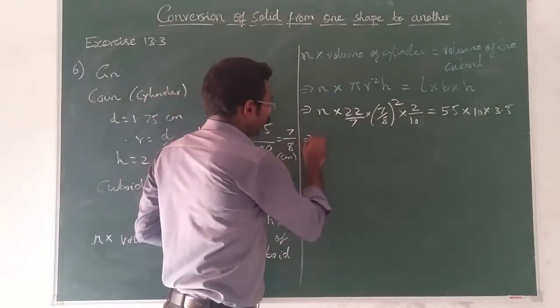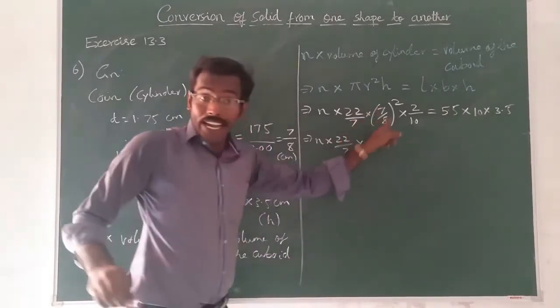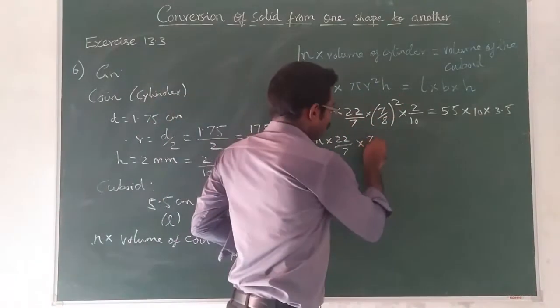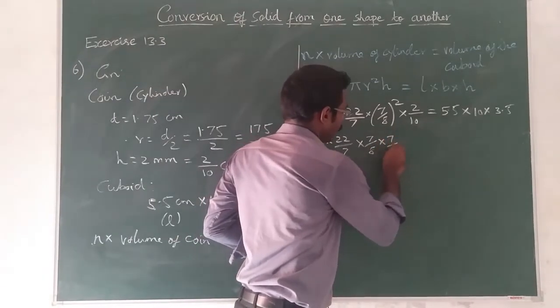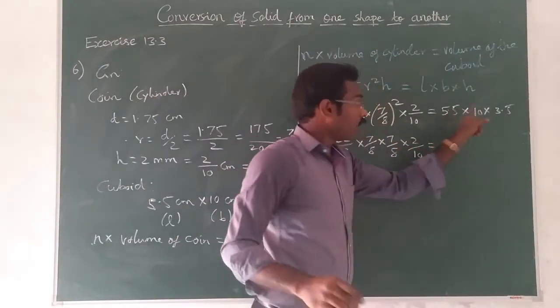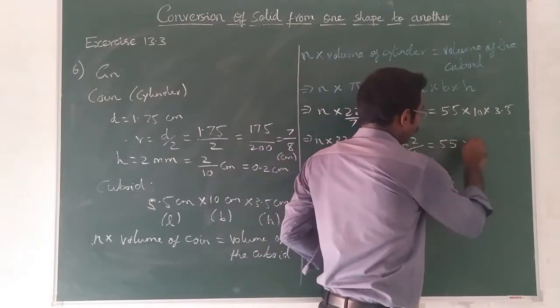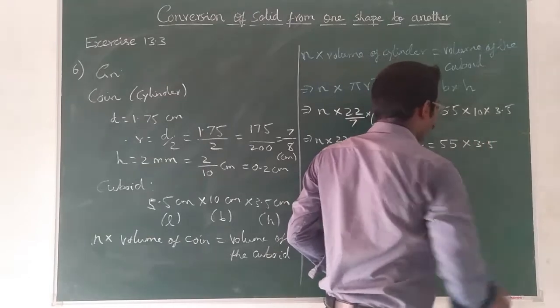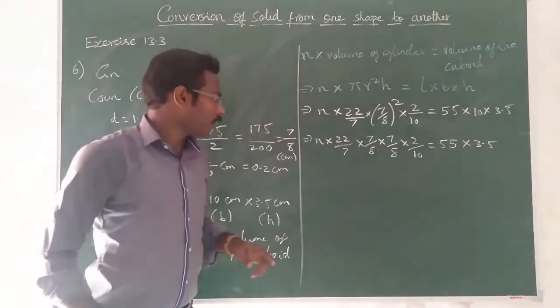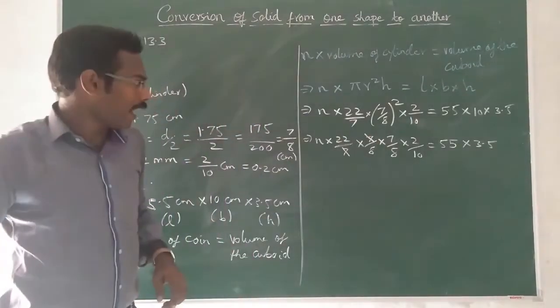So you will get n into 22 by 7 into 7 by 8 whole square. So you are writing 7 by 8 into 7 by 8 into 2 by 10 is equal to 5.5 into 10. 5.5 into 10 is 55. 55 into 3.5. Clear? Okay. So we can cut this 7, we can cancel.